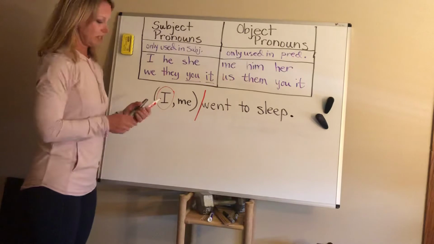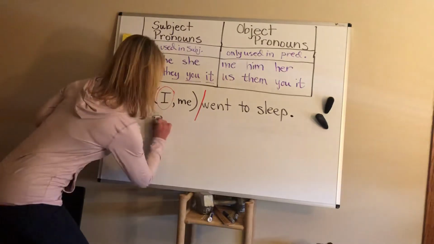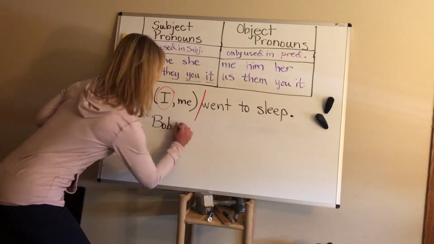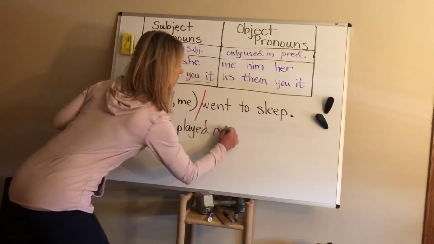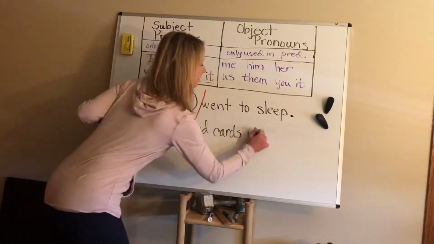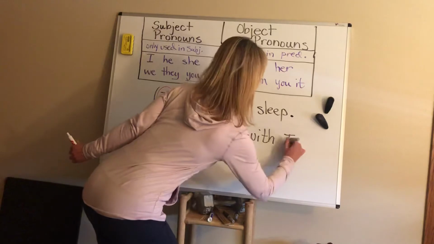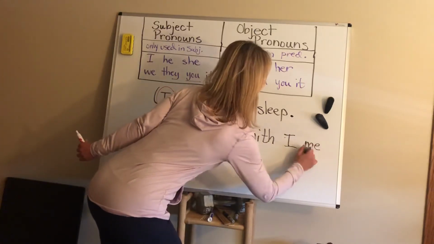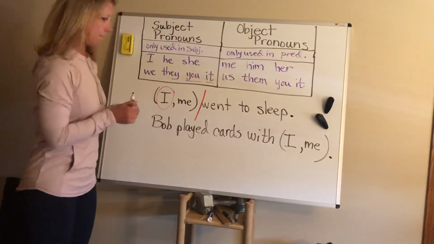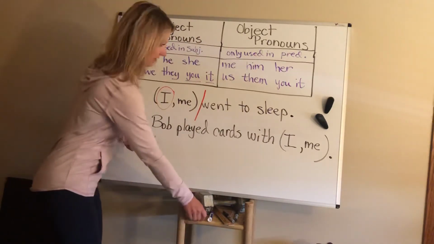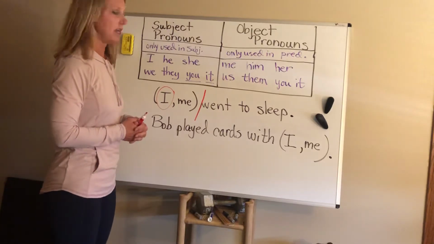Okay, so here's another example. Bob played cards with, now you have the same two choices. So you have I and you have me.